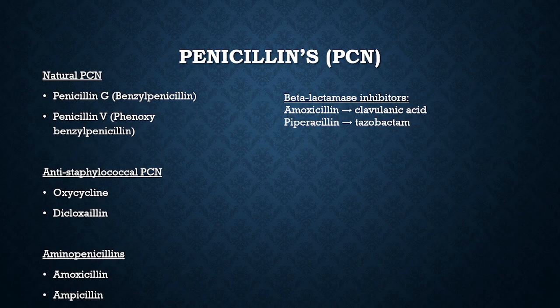Penicillins. Here we have 3 different types of penicillins. We have your natural penicillins, and that's going to be your penicillin G or benzyl penicillin, and then you have penicillin V, which is the phenoxymethyl penicillin. So those are your 2 natural penicillins.